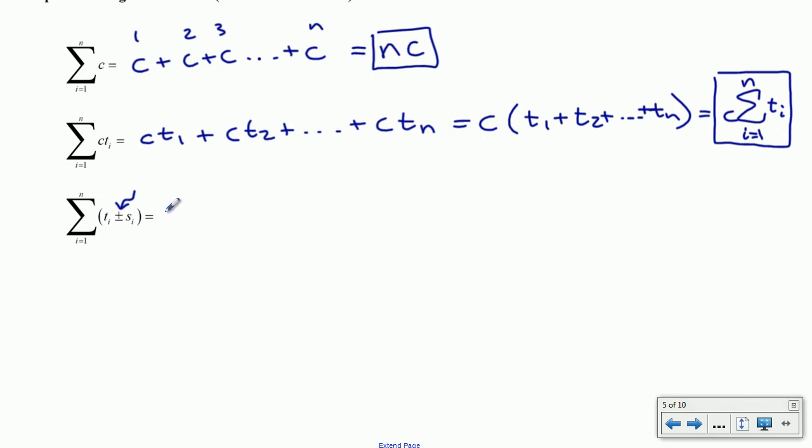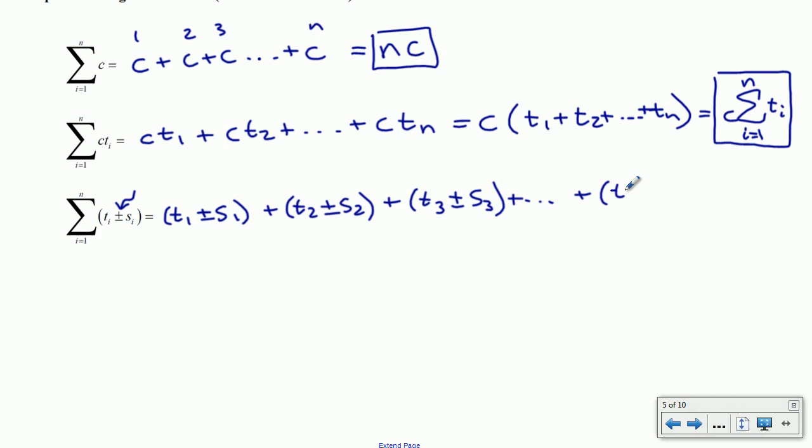So the first term would be t1 plus or minus s1. The next term would be t2 plus or minus s2. And then t3 plus or minus s3, and so on, all the way to the nth term, which would be tn plus or minus sn.